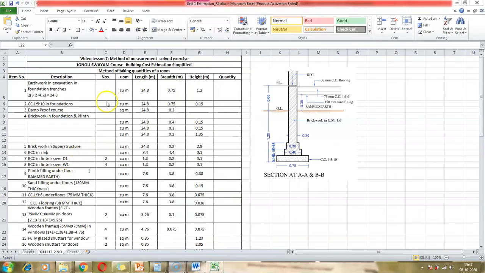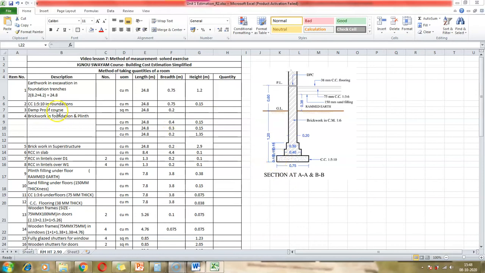The length is the perimeter of the room, and the breadth is 0.75 meter, which is the breadth of the footing, and the height is 0.15 meter. Again, this is information that we got from the section of the foundation.